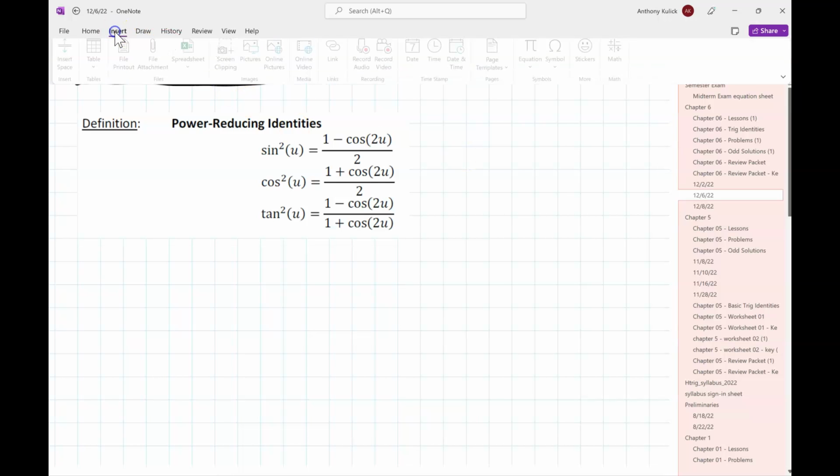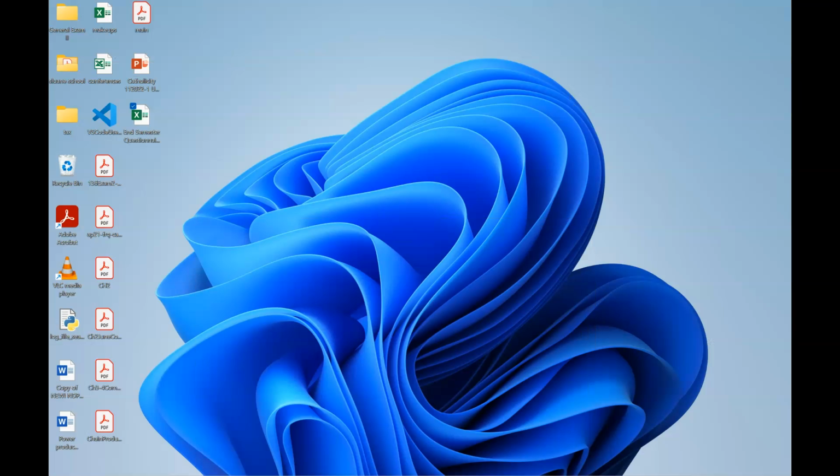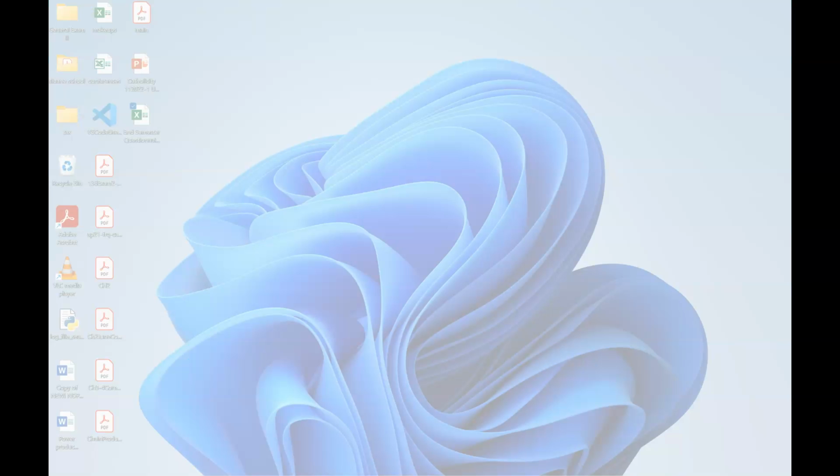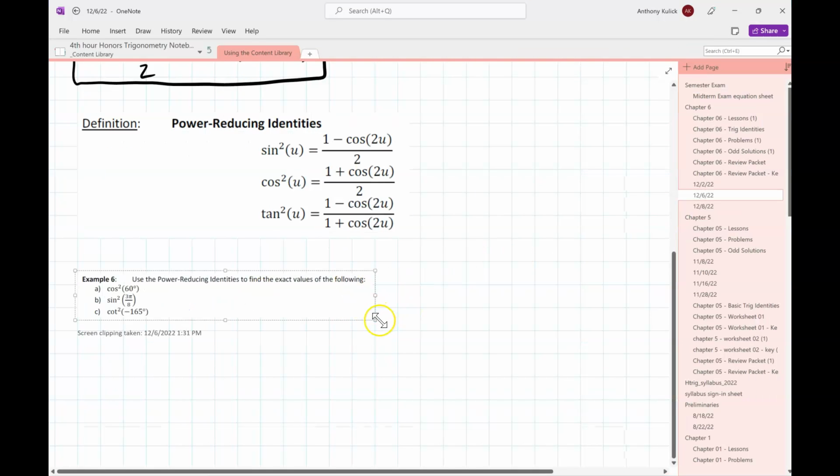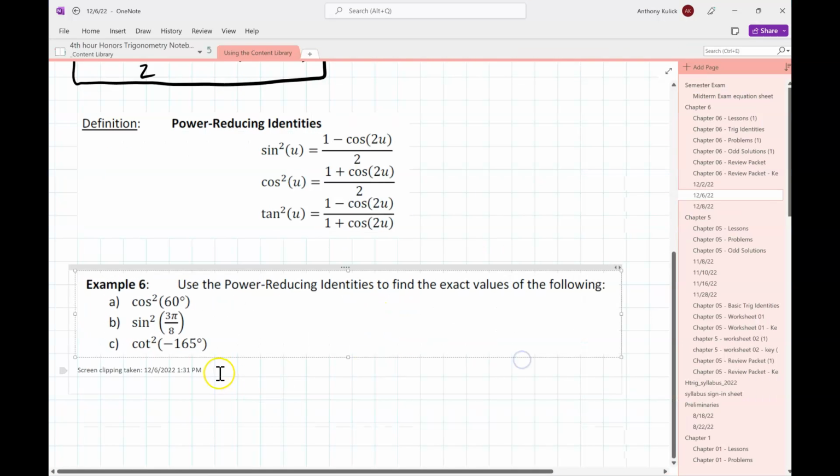So just like before, we can use these to do 2 sorts of problems. We can use them to do these find the exact value of the trig function problems.